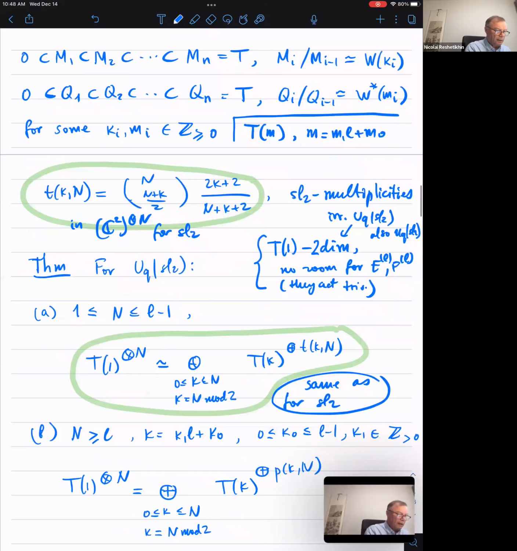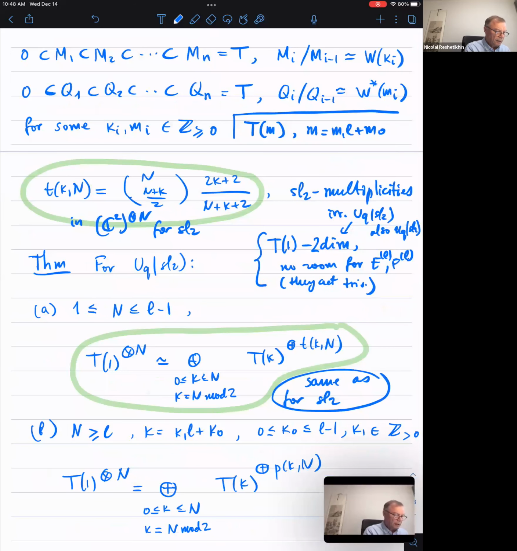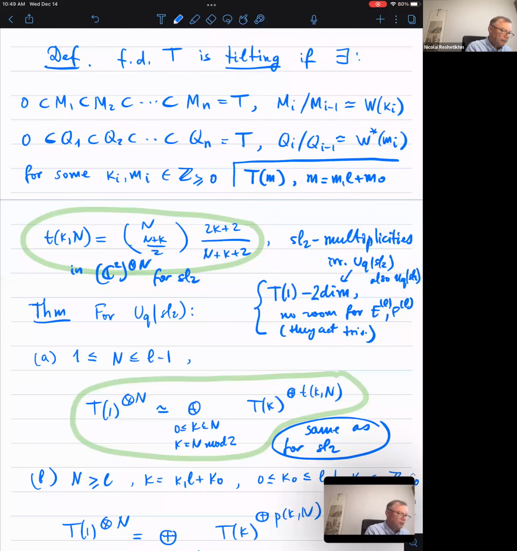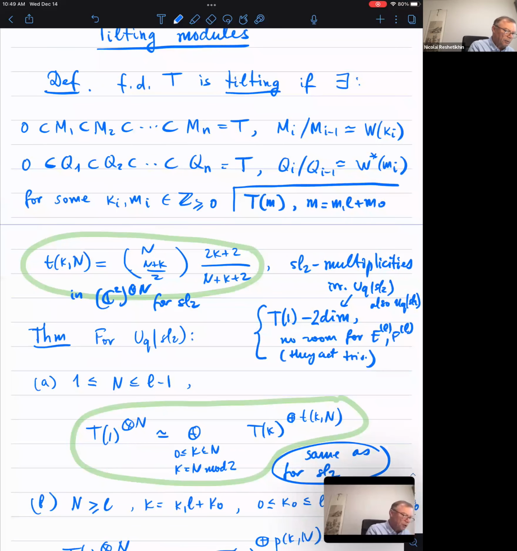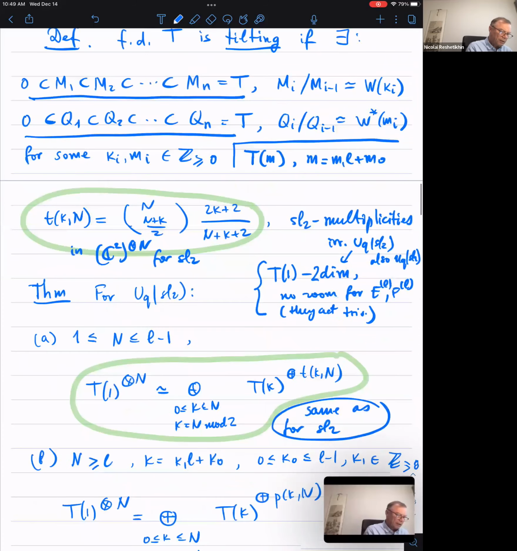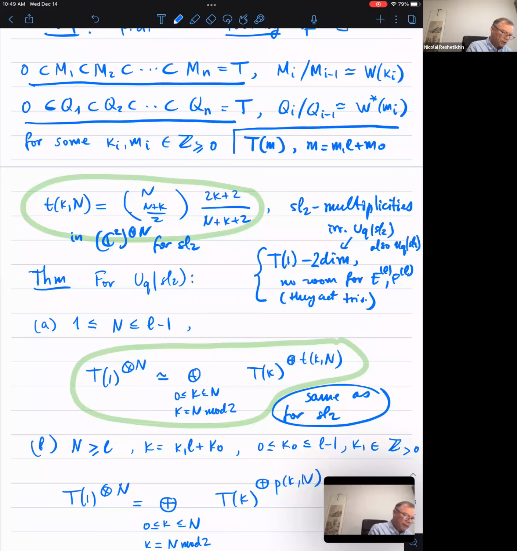And they have certain filtrations. These modules are filtered by Weyl modules and by dual Weyl modules. So anyway, they are parameterized by these integers.